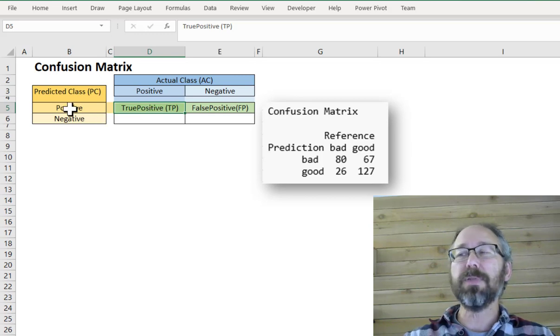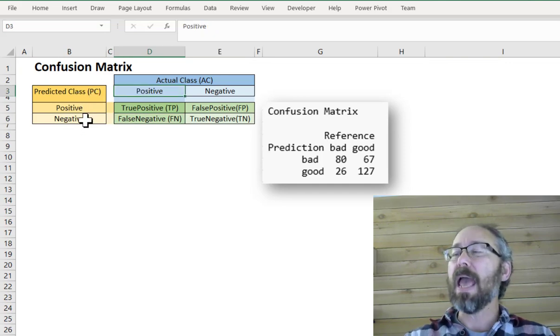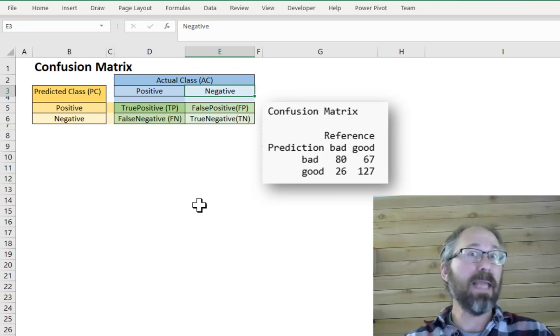In addition to the predicted class positives, we're going to have the predicted class negatives. We'll have a negative that is a false negative because it is actually a positive, even though our prediction class called it a negative. And we have the negatives that are a true negative because they are actually negative, right?